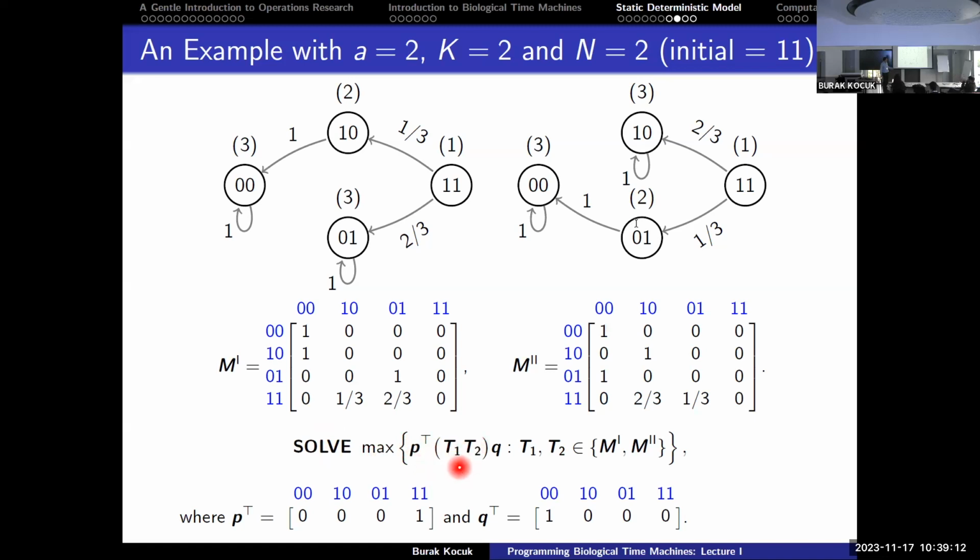I want to optimize for 2 steps, so that's why I have T1 and T2. I initialize with the probability distribution P. Since I know that I start with 1, 1, I put all the weight there, and the rest is 0. And since I know that I want to finish at 0, 0, I put all the weight on 0, 0, and the rest is 0. And then you multiply P transpose with the first transition times the second transition times the final distribution.